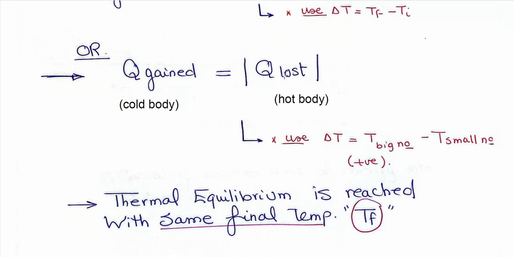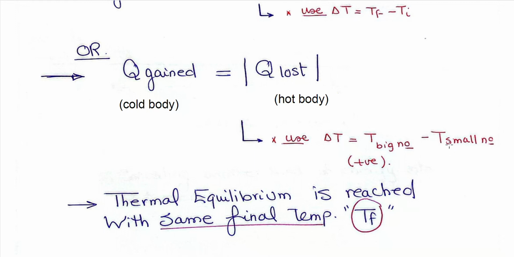So here we don't want to put a sign for heat energy lost. When you are substituting with the temperature difference, take the big number of the temperature minus the small number to have delta T positive, as we will see in solving the problems.